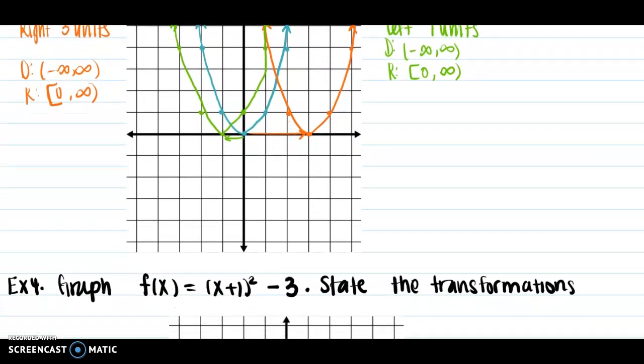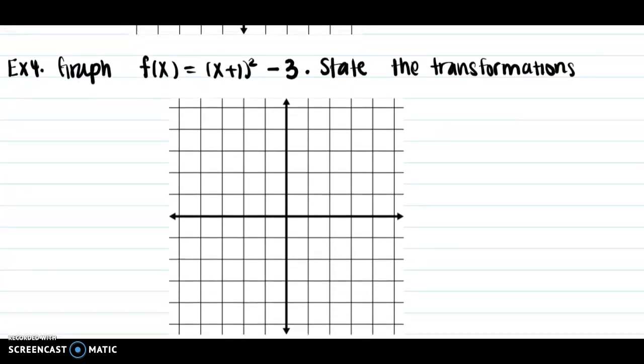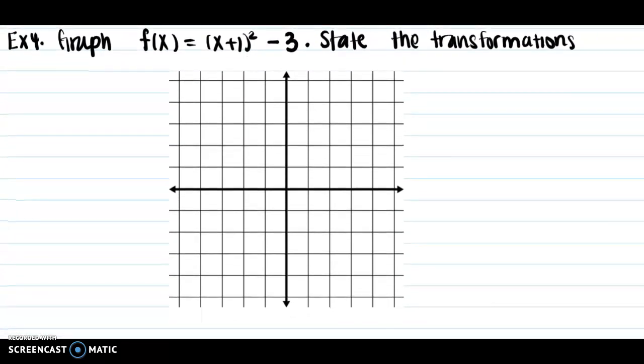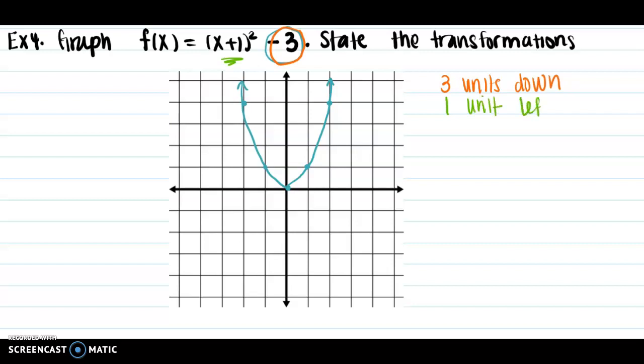All right, so moving on to the next one, we have one where we have a double transformation. So I'm going to go ahead and graph the parent function again. And then we could talk about what this does on the outside. So we'll do that in orange. So that moves 3 units down. And then this one right here is going to move 1 unit left, right?